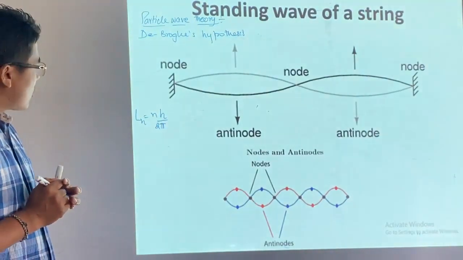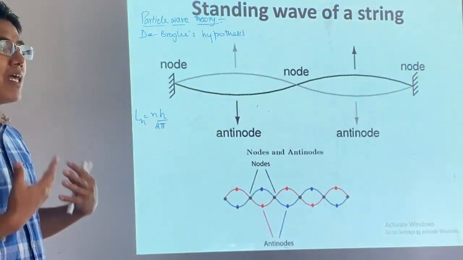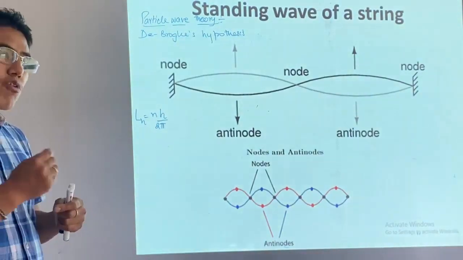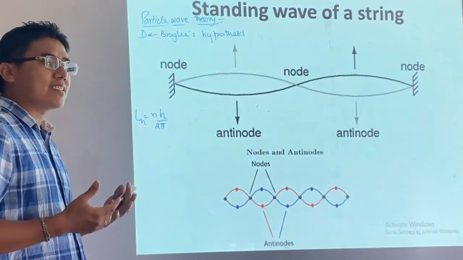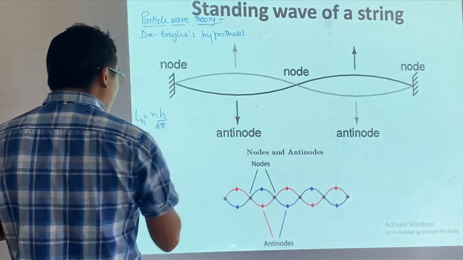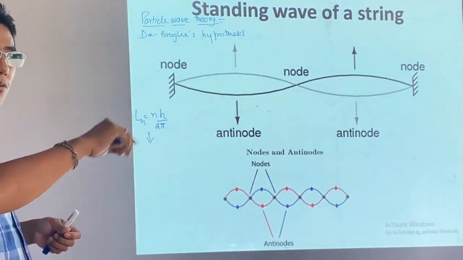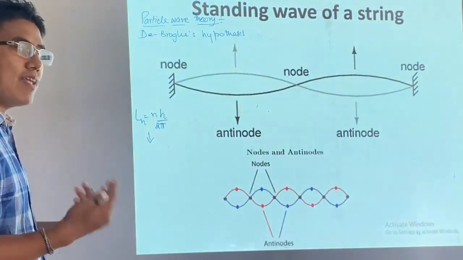To answer this, we have to consider that when the electron goes around the nucleus, in circular orbits, the electron takes on a wave nature.